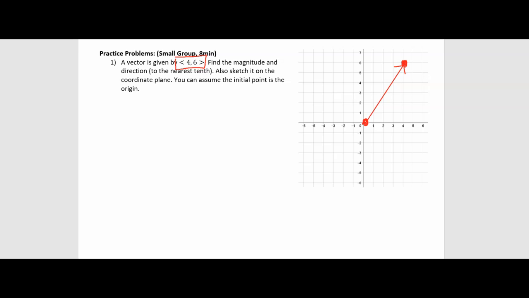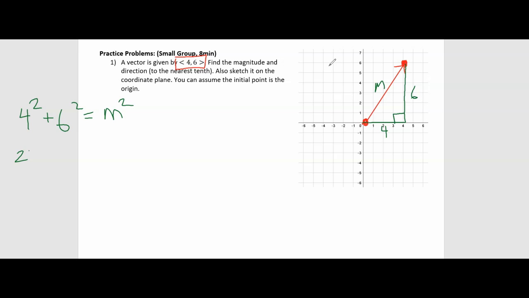Okay, a couple ways we could do this. We could use the distance formula, or we could just create this right triangle, which is what I'm going to do here. I think it's easier to explain. And I know the two sides of my right triangle are 4 and 6. So easy Pythagorean theorem problem, right? 4 squared plus 6 squared equals, we'll say m squared. We'll just call this side m.